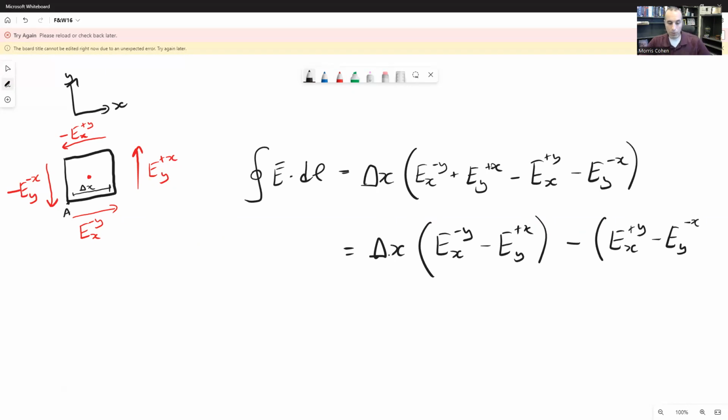All right. What you'll notice is that this first term right here basically represents the counterclockwise components, whereas these two basically represent the clockwise components.